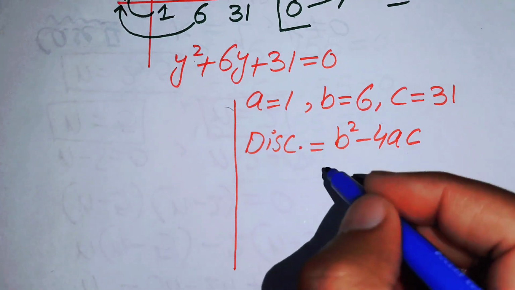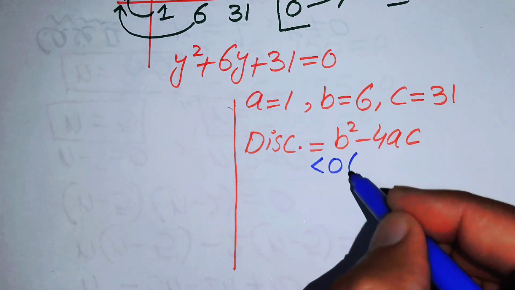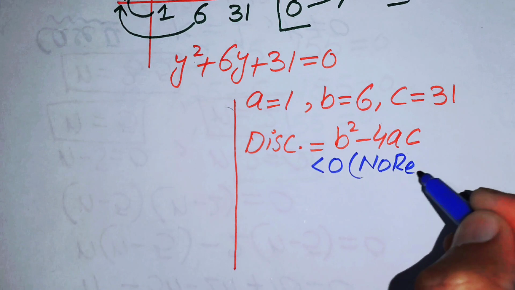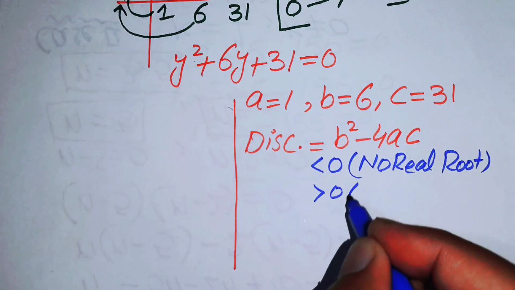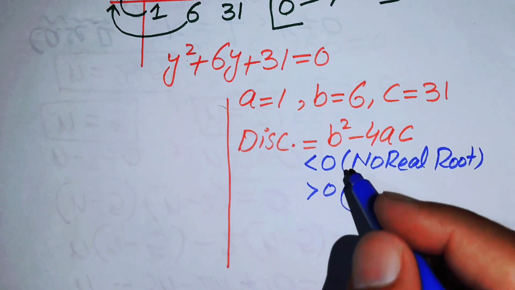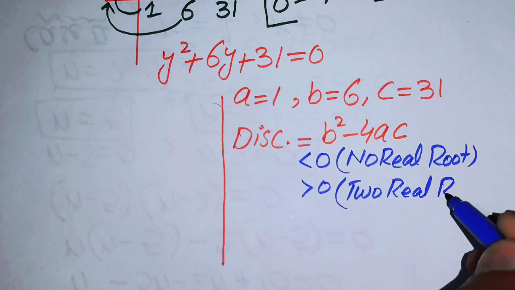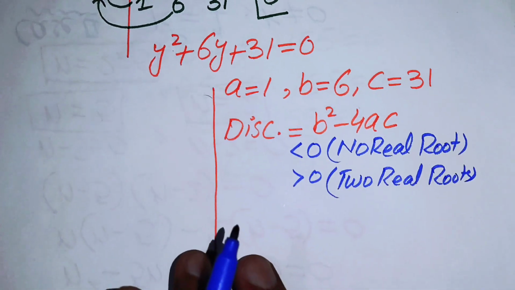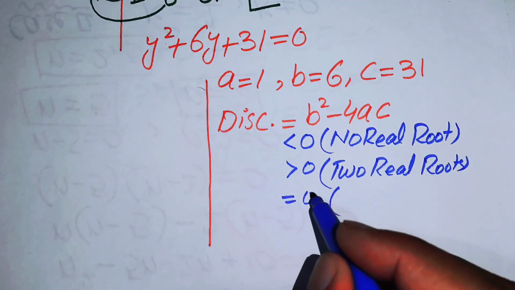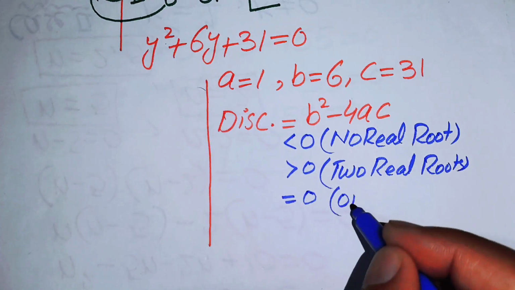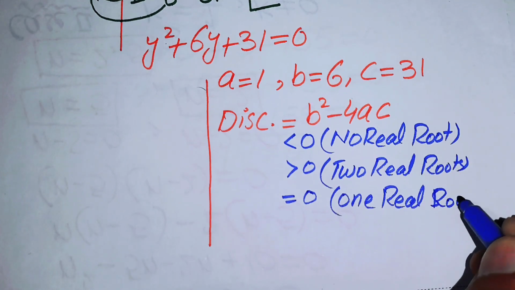If the discriminant is less than 0, then this equation has no real root. If delta is greater than 0, then this quadratic equation has two real roots. And if the discriminant is equal to 0, then this equation has only one real solution or real root.